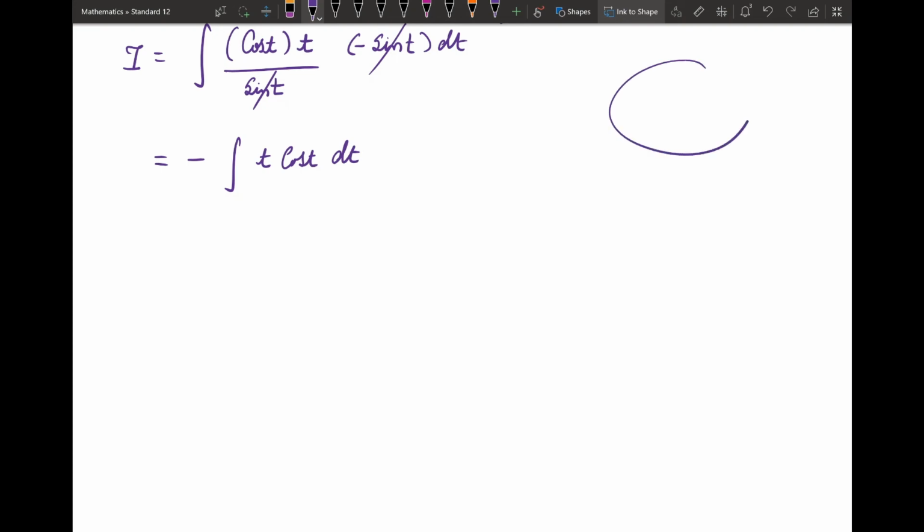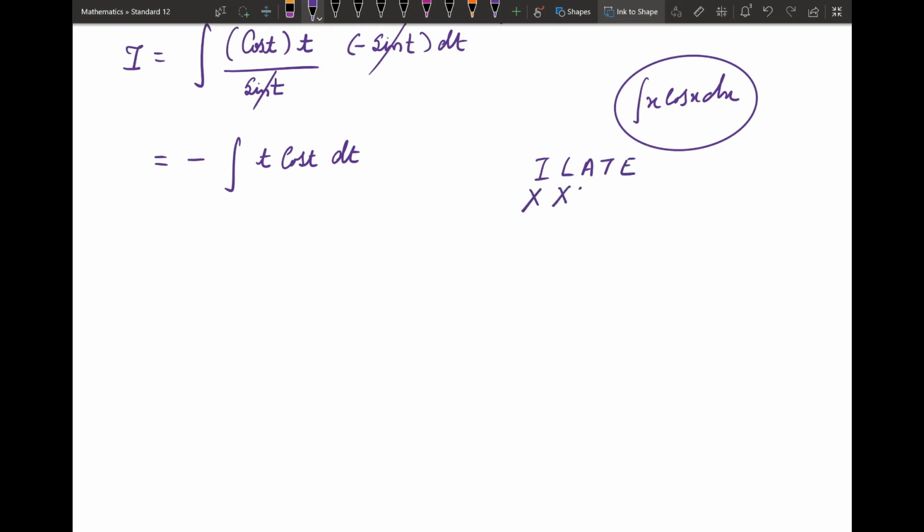So it is like the example x into cos x dx, and we know how to integrate this. We have to integrate this by parts in this order: ILATE. Inverse is not there, logarithmic is not there, algebraic, t it will be in terms of algebraic.